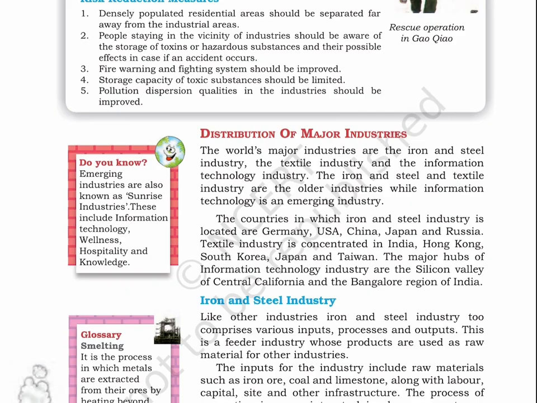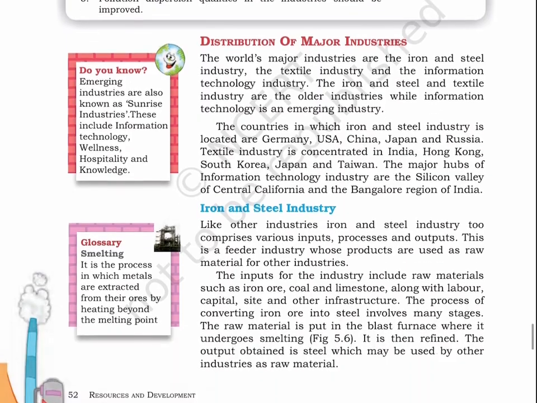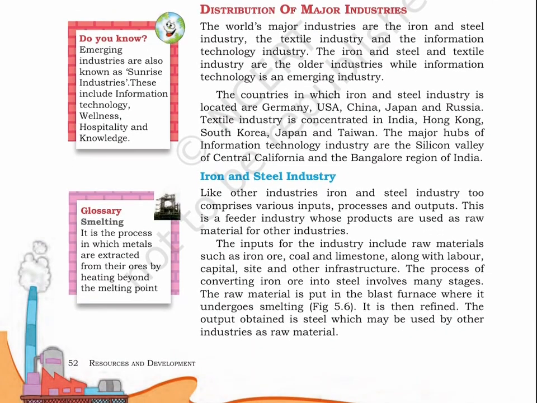Iron and steel industry. Like other industries, iron and steel industry too comprises various inputs, processes, and outputs. This is a feeder industry whose products are used as raw material for other industries. The inputs for the industry include raw materials such as iron ore, coal, and limestone, along with labor, capital, site, and other infrastructure.